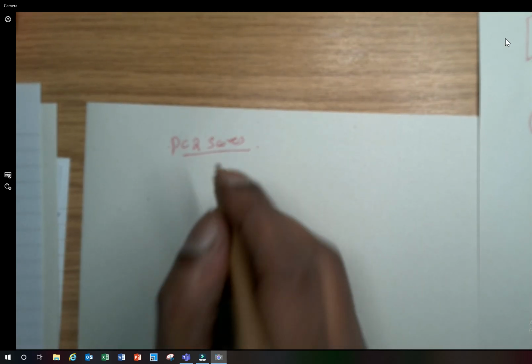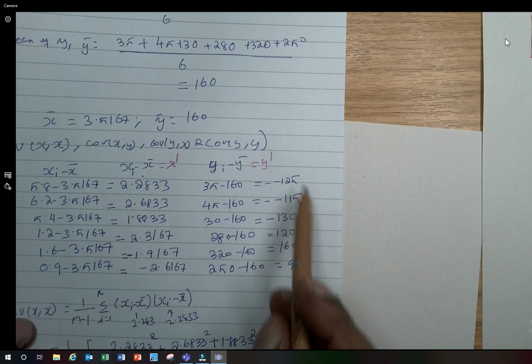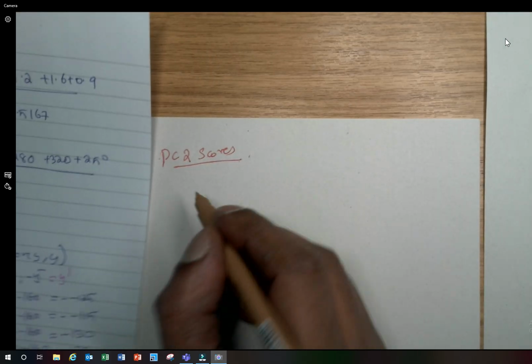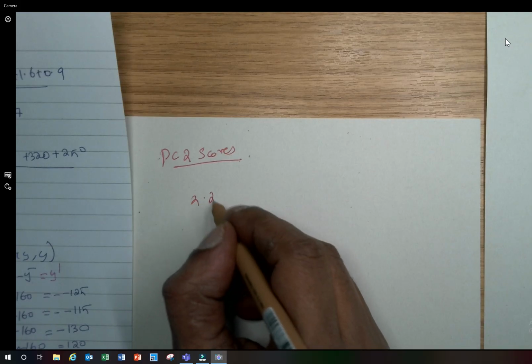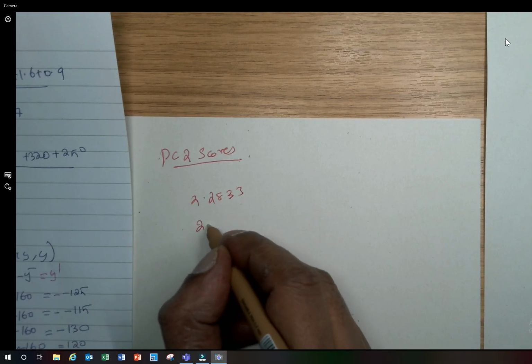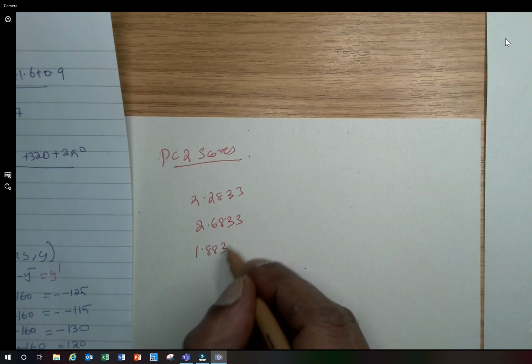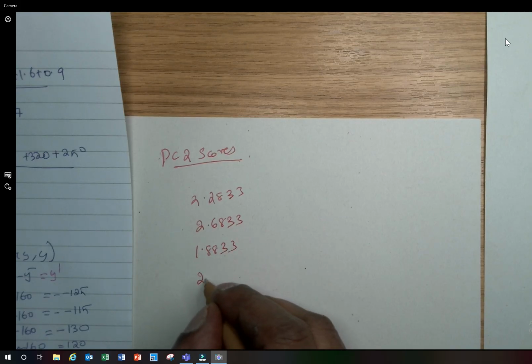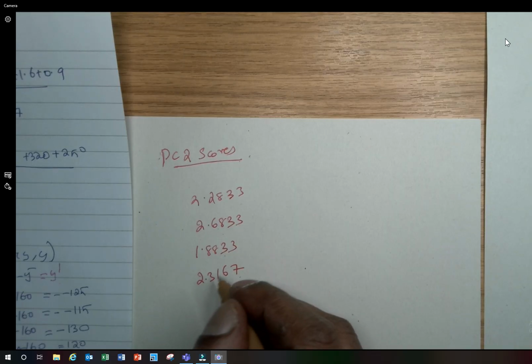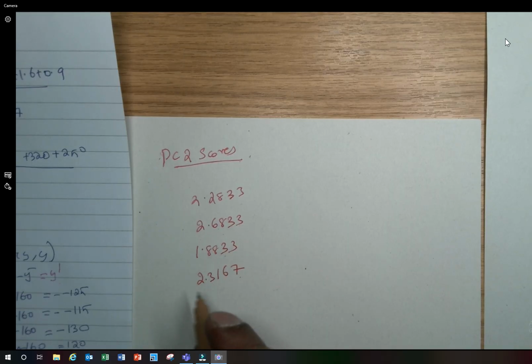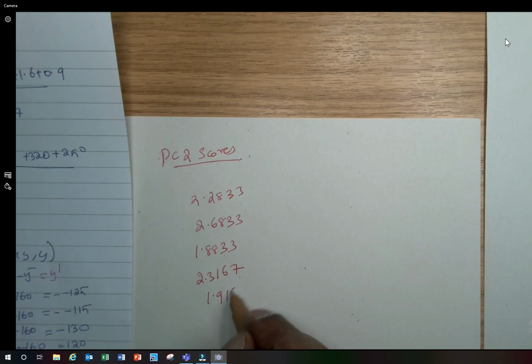So I'm going to write all these values here. Maybe I'll make it like a table now. 2.2833, 2.6833, 1.8833, 2.3167, and then 1.1967, this is minus 2.6167.